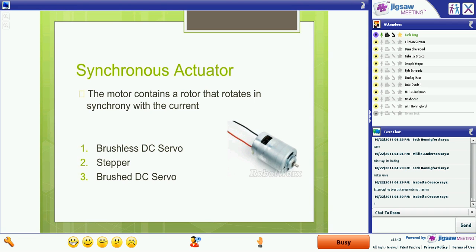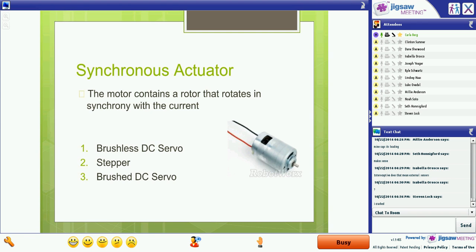The next type of motor is called a stepper. A stepper is another small electric motor. It usually rotates in small, discrete steps. So you can kind of think of it like a gear, slowly slipping past each other.